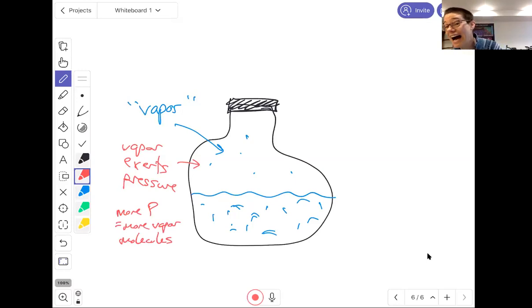Is it very high or very low? Very low. More vapor molecules equals low attraction between those molecules, because otherwise they wouldn't be a vapor. If they have strong attraction, they're going to stay a liquid. But if they have weak attraction, they're going to be like, yeah, I'm cool being a gas. That's fine.